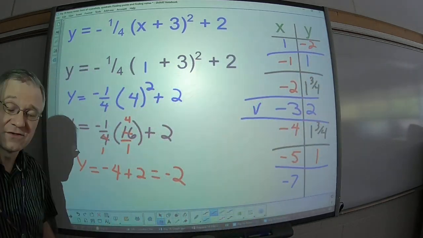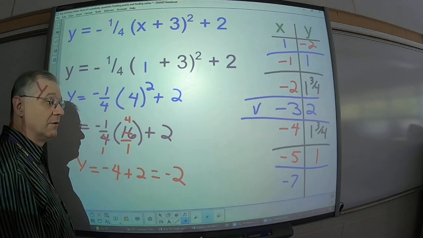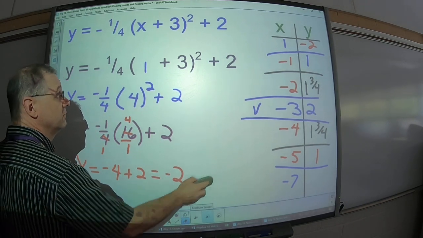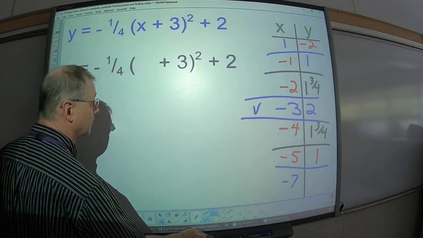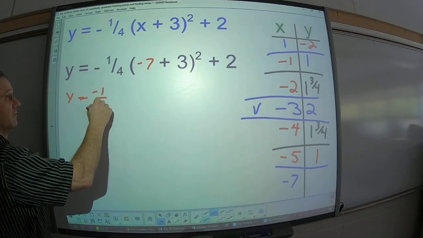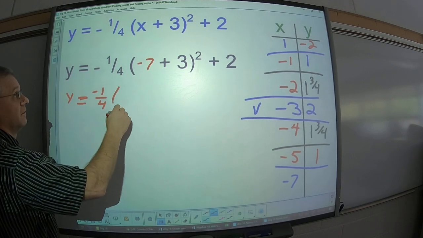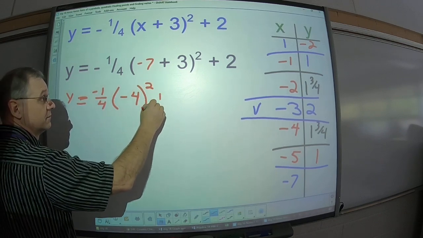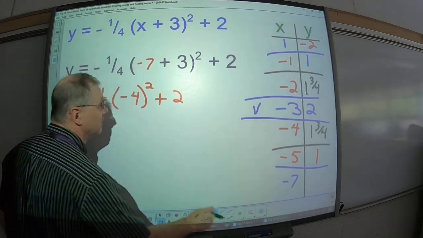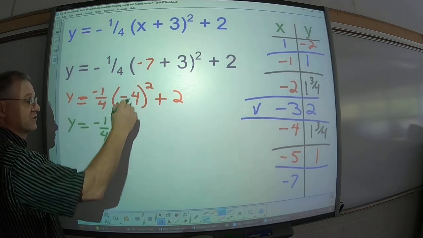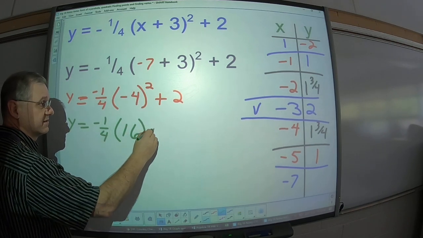A nice answer. If we plug in -7, we should also come out to -2. Negative 7 plus 3 is negative 4. Negative 4 squared is positive 16.